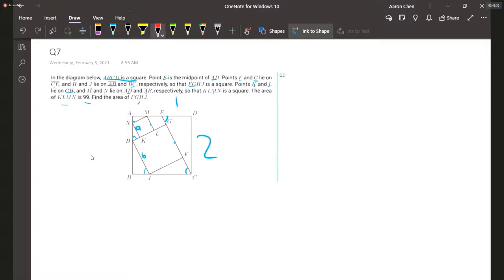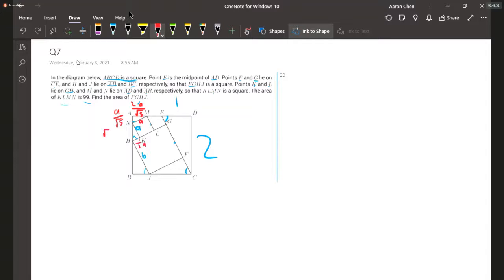So this is a. This is 2 over the square root of 5 times a, and this is a divided by the square root of 5. And this is 1/2 a.